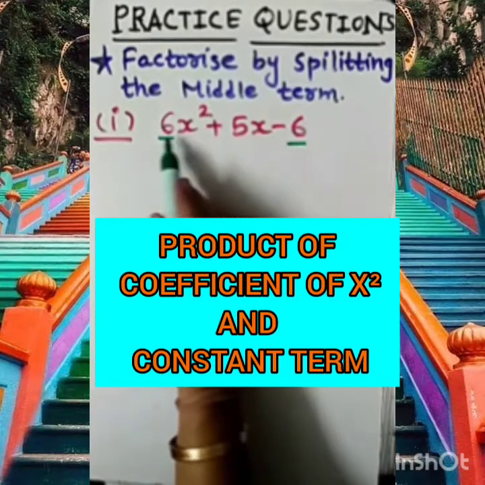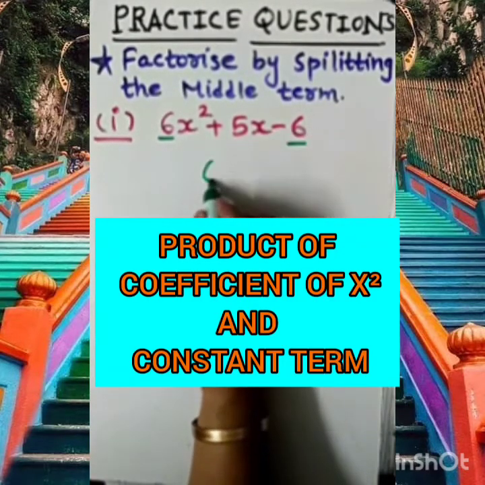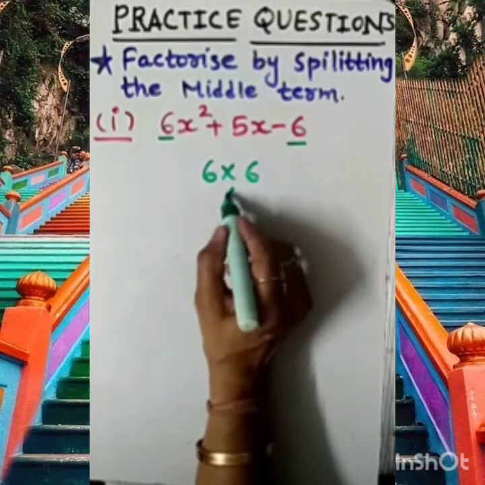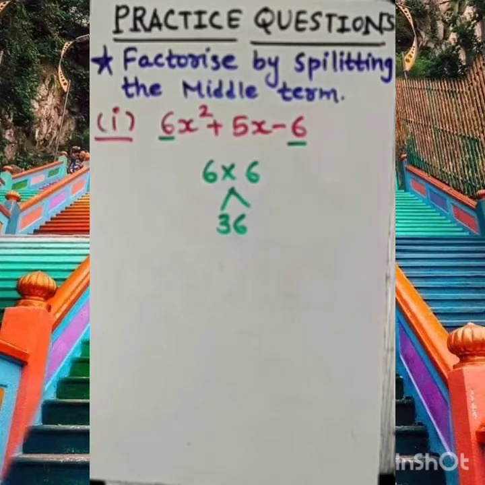So here 6 into 6. Of course, you will say 6 into 6 is 36, right? Now, dear student, there are so many factors of 36.